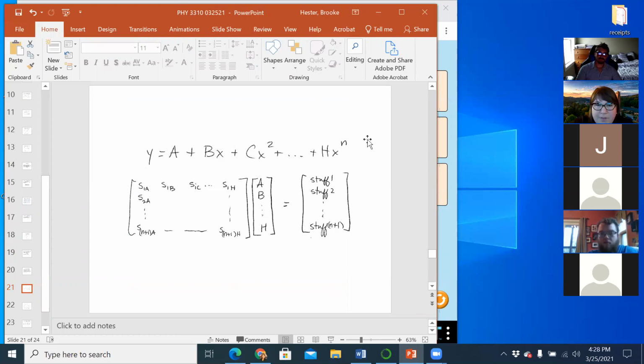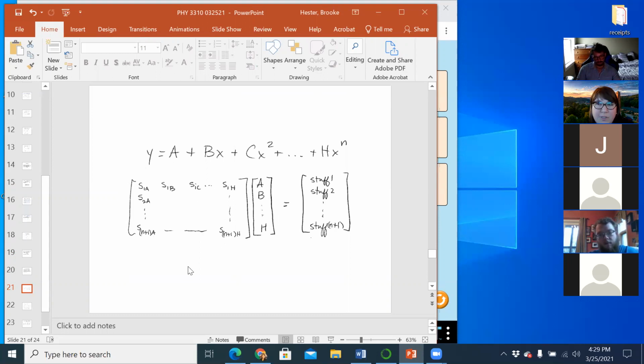If I'm trying to use this as my model, my equation that matches my data, and I'm using linear least squares, then I basically make a matrix here that is n plus 1 rows long, or down. And my corresponding column vector here, and column vector here, are going to be n plus 1 rows down.